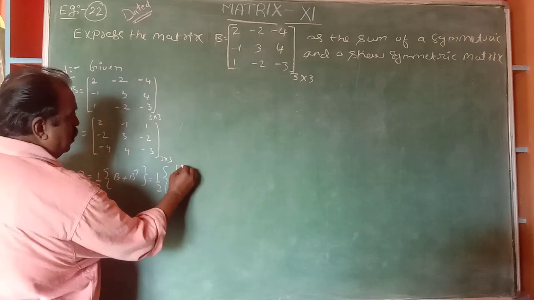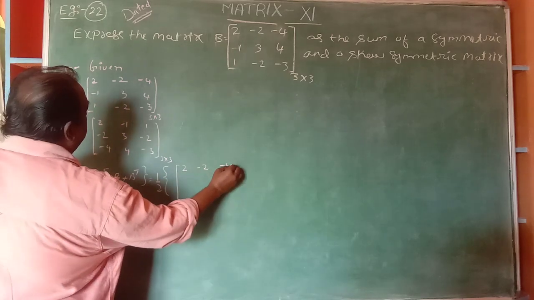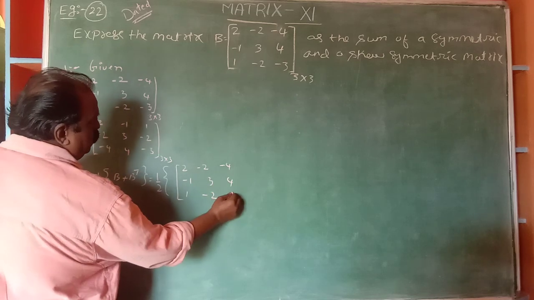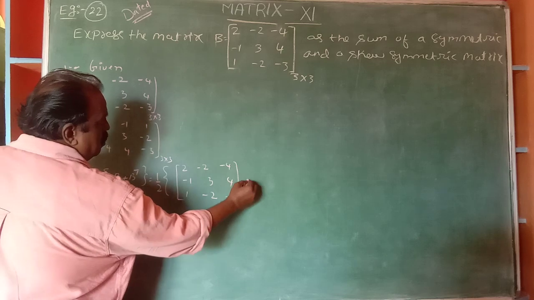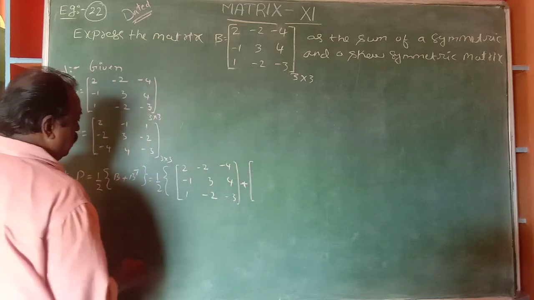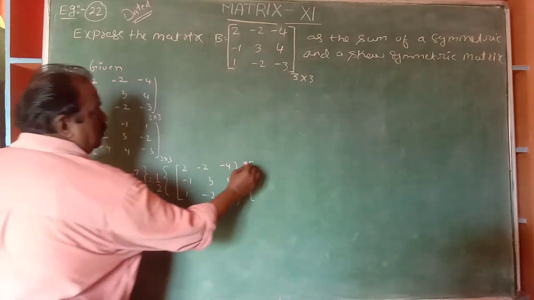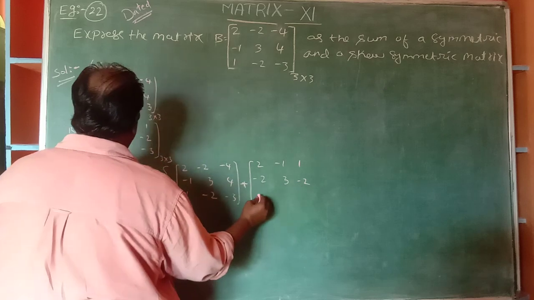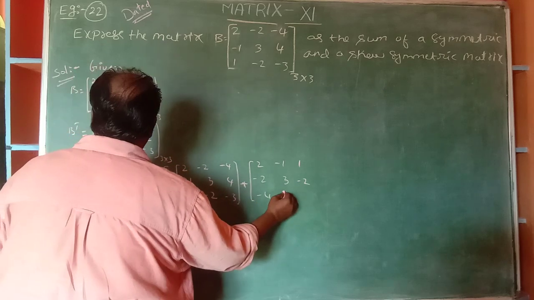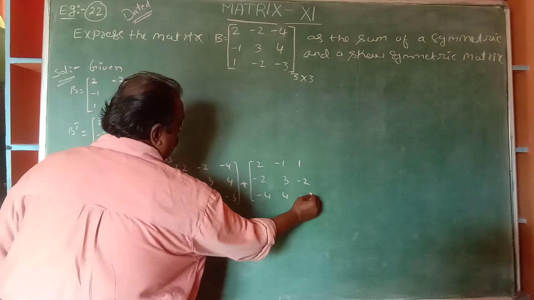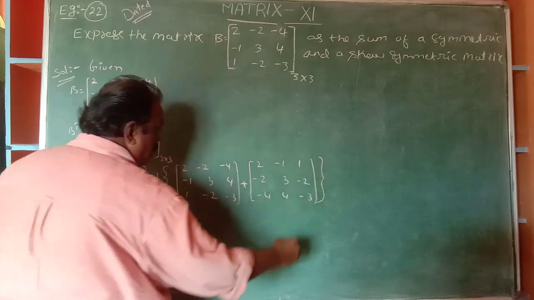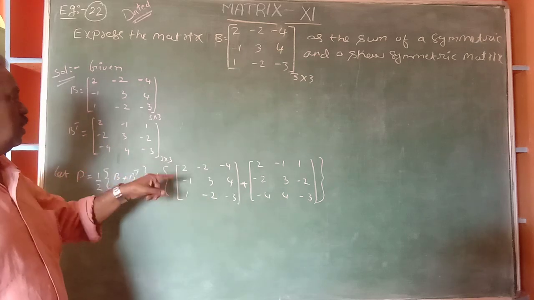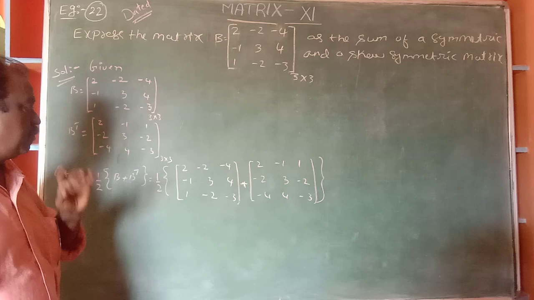We are given it is [2, -2, -4; -1, 3, 4; 1, -2, -3], plus B transpose. B transpose is [2, -1, 1; -2, 3, -2; -4, 4, -3]. This is the B transpose, and this is B.